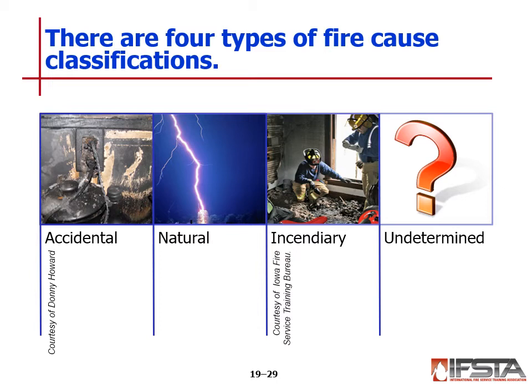One of the things that you do not want to do is use undetermined for a suspicious fire. If it truly is undetermined, that means that you can't rule in arson. You can't rule in accidental or natural. So if the cause is suspicious, don't use the classification of undetermined.